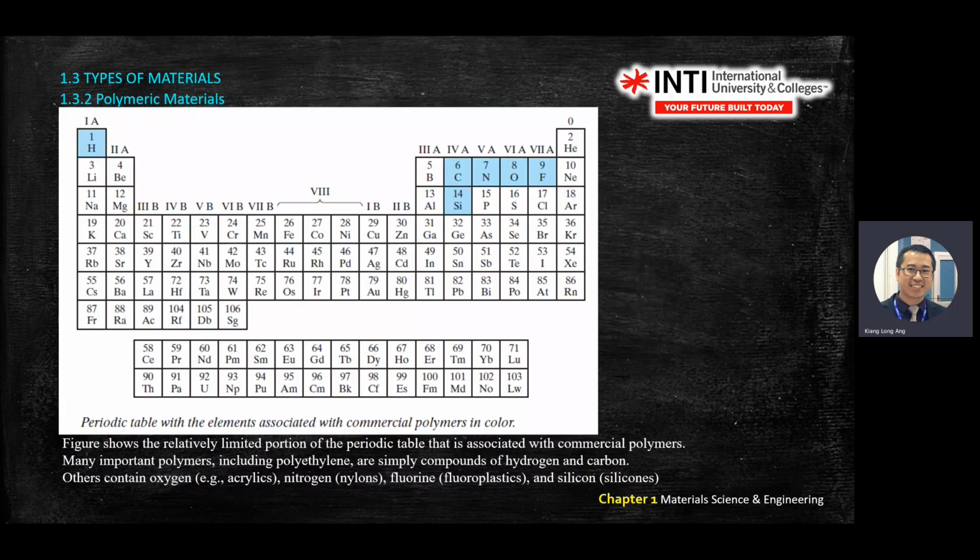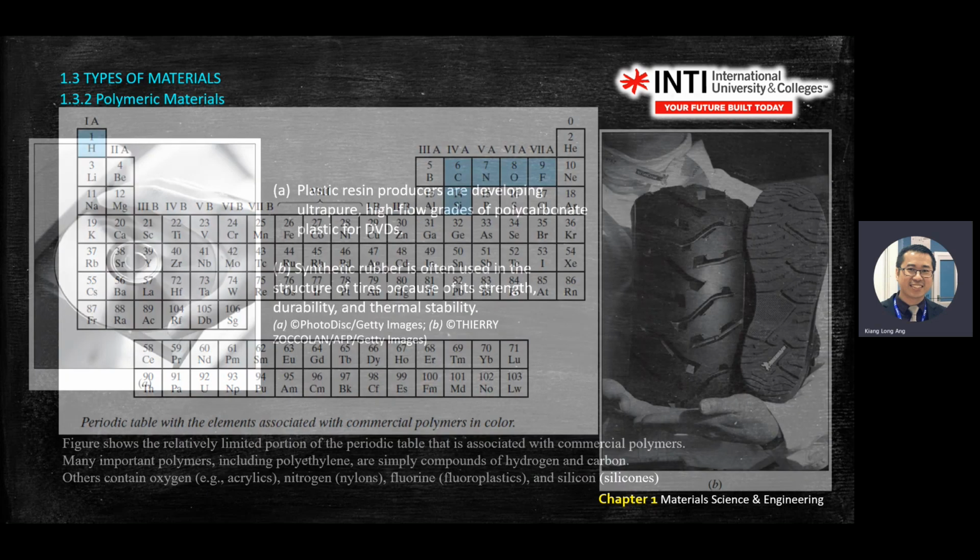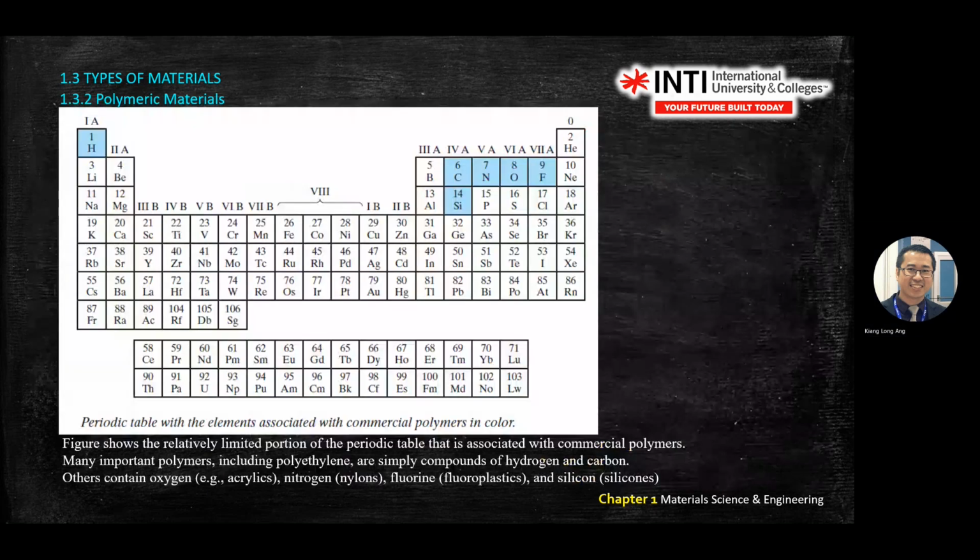So let's go back to the periodic table. Yesterday I explained about the row and column, the meaning of a row and column. The famous polymeric one is carbon and hydrogen.